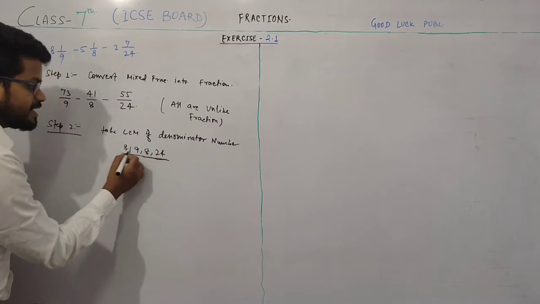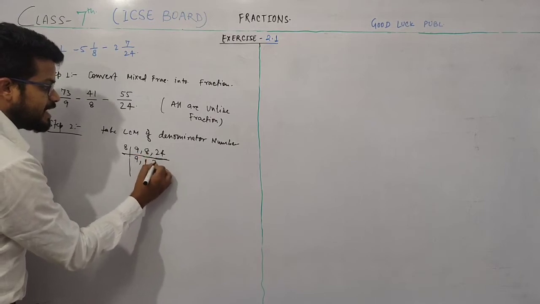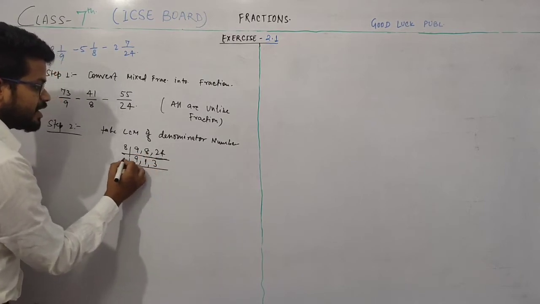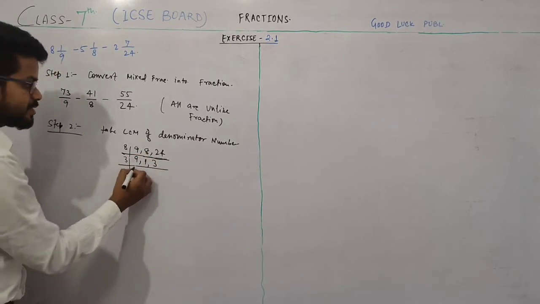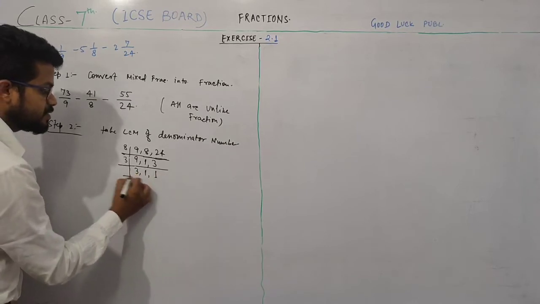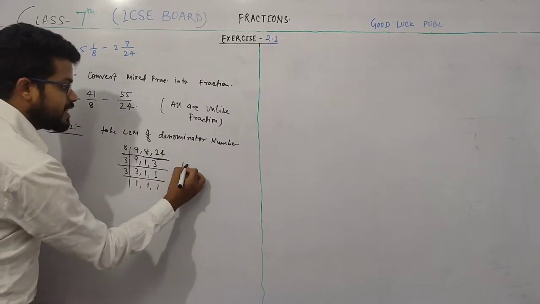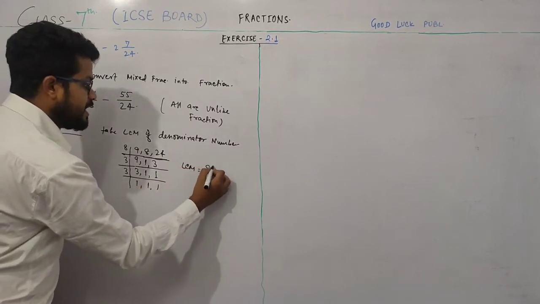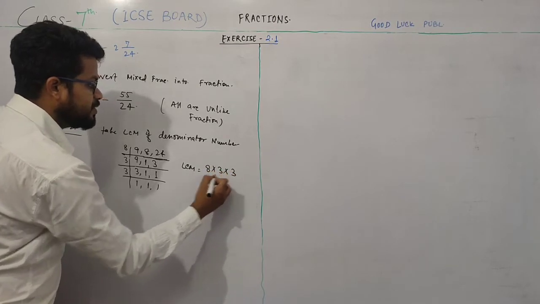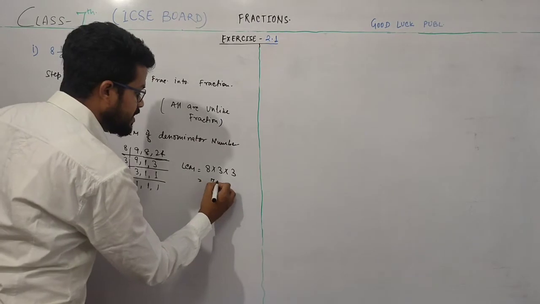So I divide this with 8. So here it is 9, 8 1s are 8 and 8 3s are 24. Now again I divide it with 3. So this is 3 3s are 9, 1 and 3 1s are 3. So again with 3, 3 1s are 1 and 1. So LCM is 8 into 3 into 3. 8 3s are 24 and 24 3s are 72.